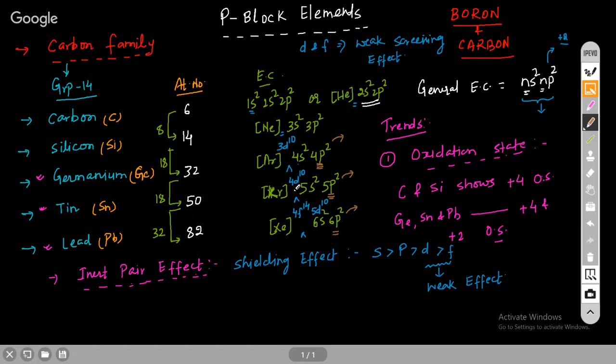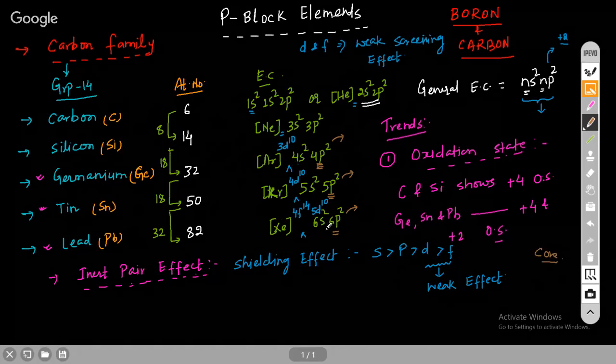weak shielding fully filled d or f orbitals between the valence electron and the noble gas core, right?